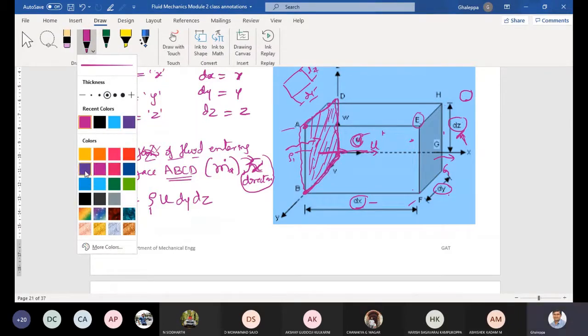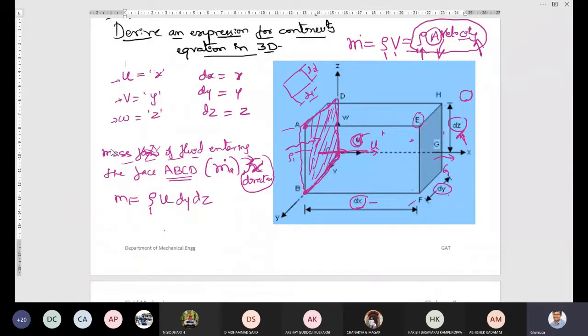I will take a different color. Mass of fluid leaving, going outside. Let us assume the fluid has come in from here and is going out from here. Mass of fluid leaving the face EFGH. It will change slightly here. So I will call it M2.